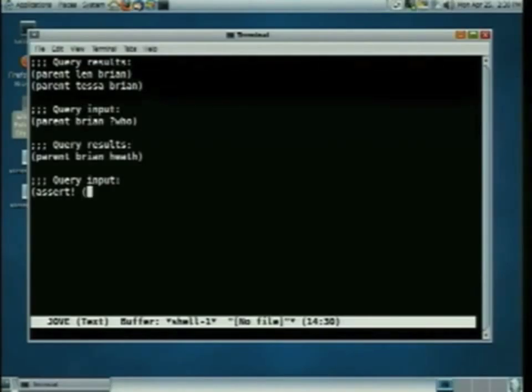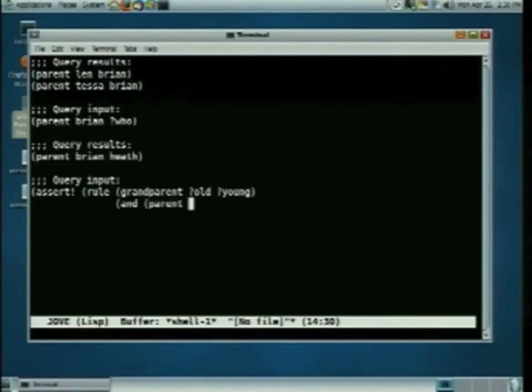So there's a special kind of assertion that I can make called a rule. Oops. There. This isn't going to work.